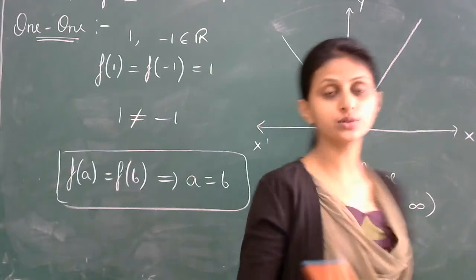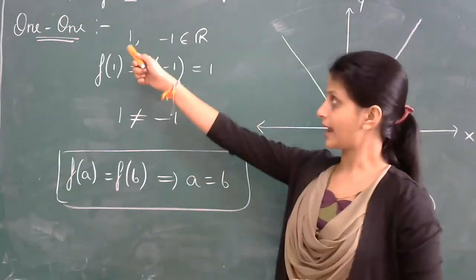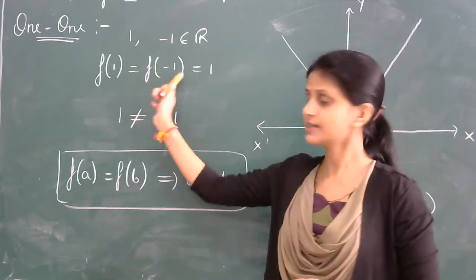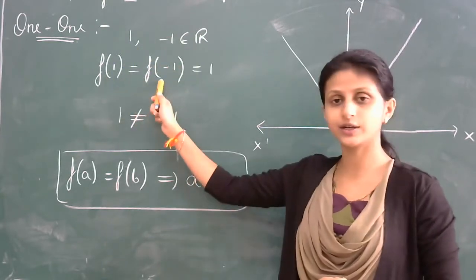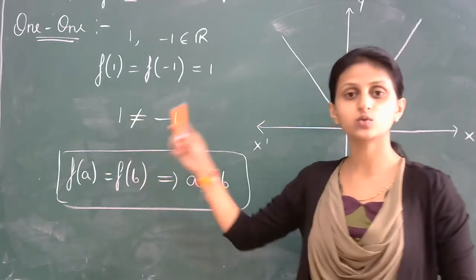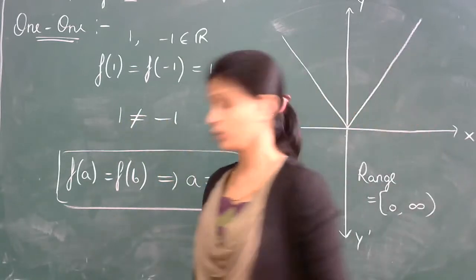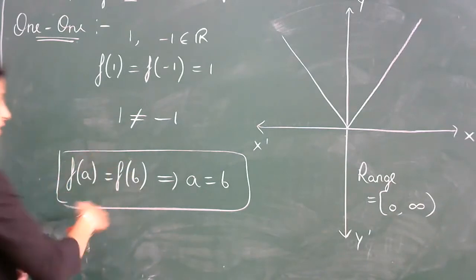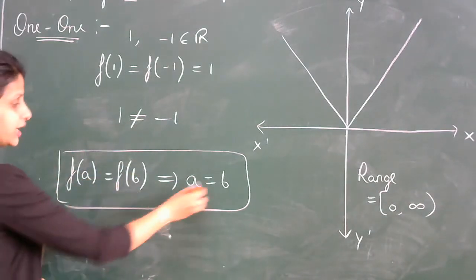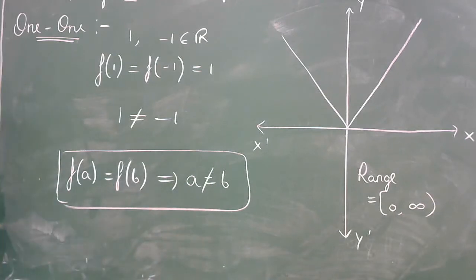But here you can observe we have two elements a and b, that is 1 and minus 1 in the domain, such that their images are the same. F of 1 is equal to f of minus 1. But you can observe, students, that 1 and minus 1 are different elements. If you consider the condition f of a is equal to f of b, you came to the conclusion that a is not equal to b.